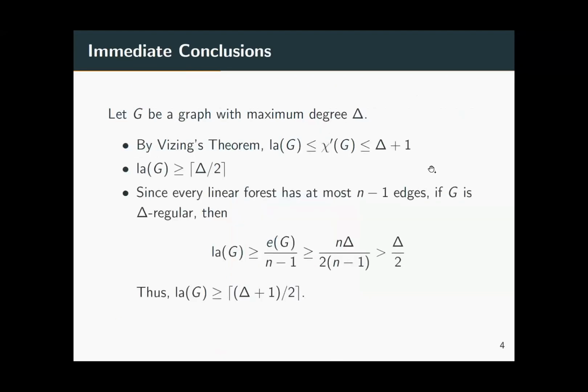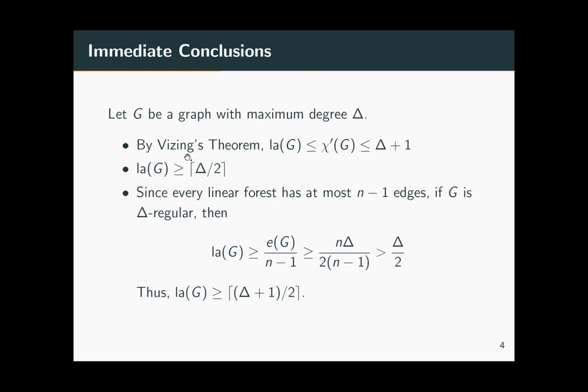So by these settings, we can have some immediate conclusions. Let G be a graph with maximum degree delta. First of all, this could be seen as a generalized edge coloring problem, because we could consider each linear forest partition where each path is just a single edge.